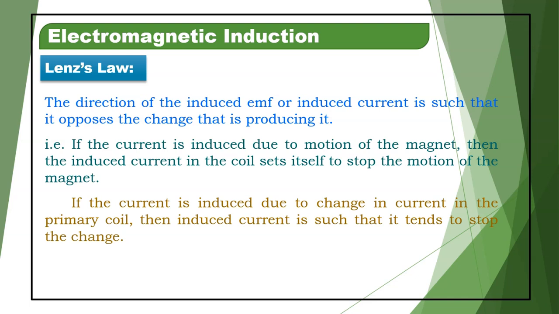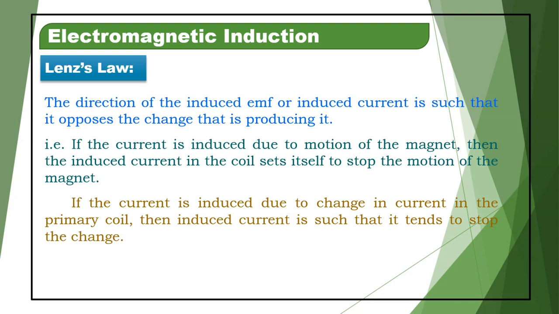If the current is induced due to the change of current in the primary coil, then the induced current is such that it tends to stop the change.